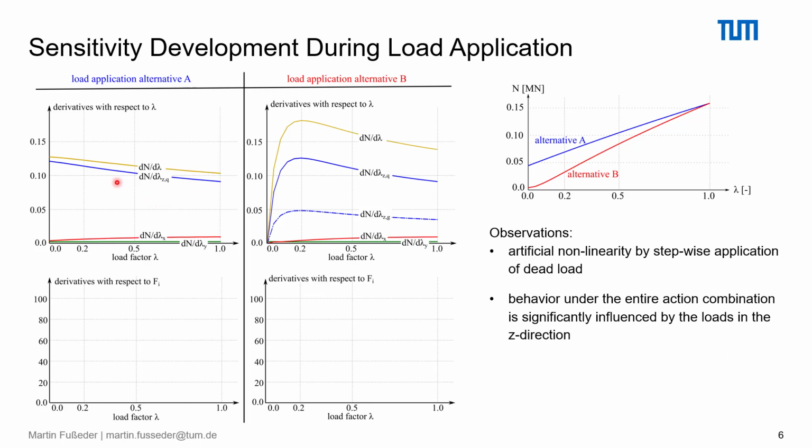Even more, we can see that the derivatives with respect to the loads in z direction are decreasing, which means in a derivative-based point of view, there is a sublinear relation between the loads in z direction and the normal force. This can be mechanically interpreted as the stiffening behavior of the bearing cables. But we can also observe that the derivatives of the loads in x and y direction are increasing, which means in a derivative-based point of view, there is an overlinear relation between normal force and these loads.